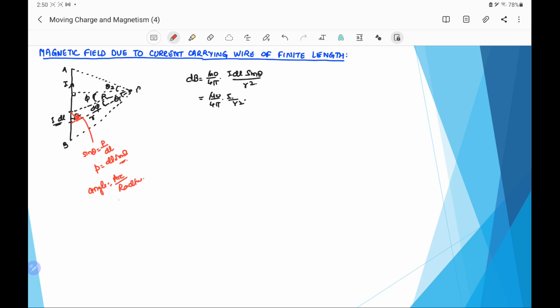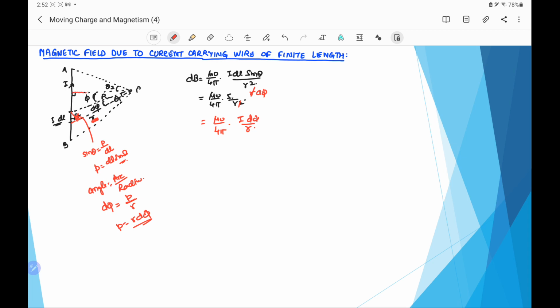Here the angle is d phi, the arc is approximately this perpendicular, and the radius is small r. So we can replace p equal to r d phi, and here we replace dl sine theta by r d phi. It is an approximated value, and this r and r get cancelled, so it will be mu naught by 4 pi I d phi by r.